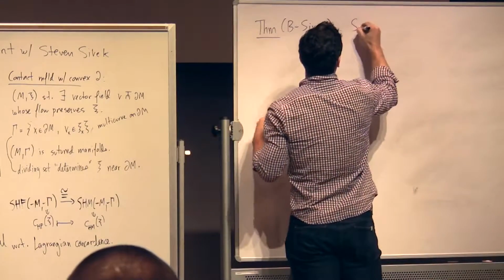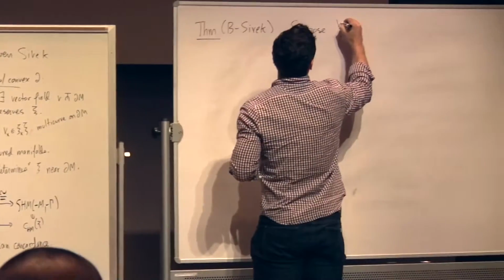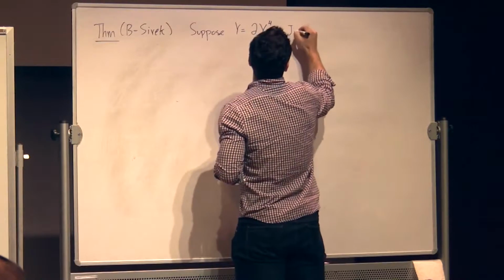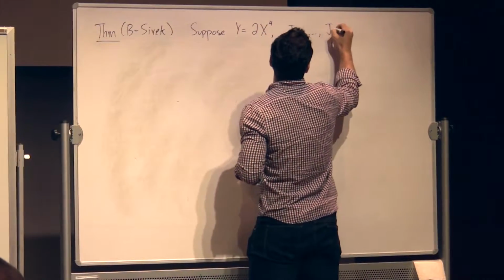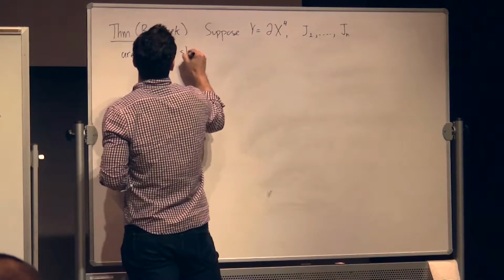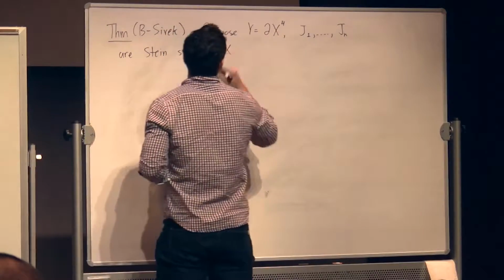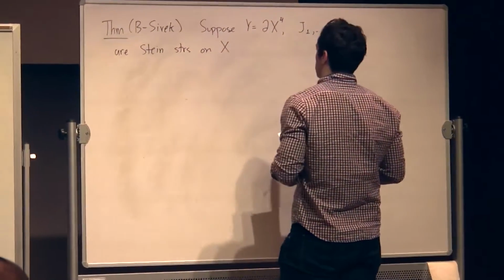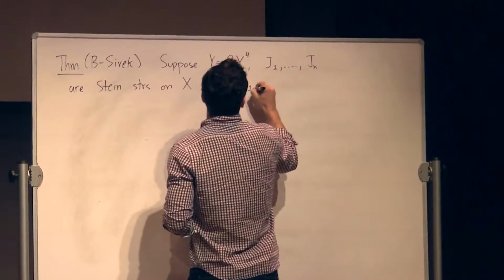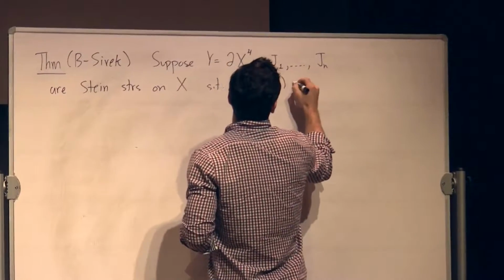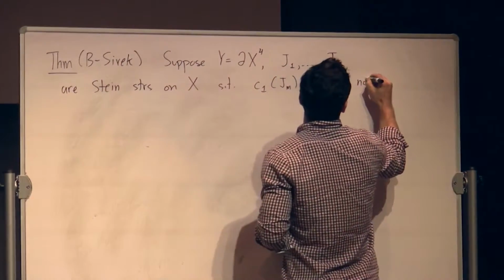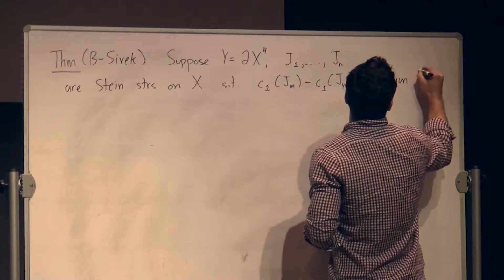So suppose Y is the boundary of a four-manifold X, and J1 through Jn are Stein structures on X with different Chern classes. And in fact, we want that the first Chern class of Jm minus the first Chern class of Jn is non-torsion for all m not equal to n.